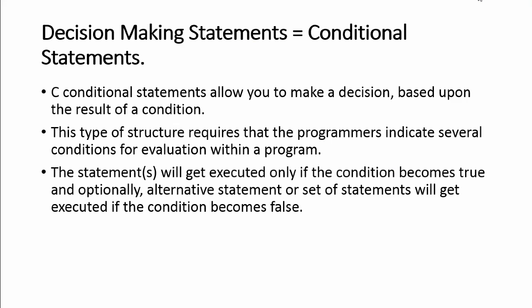Decision-making statements, or else we call them conditional statements. Conditional statements allow you to make a decision based upon the result of a condition. This type of structure requires that the programmers indicate several conditions for evaluation within a program.